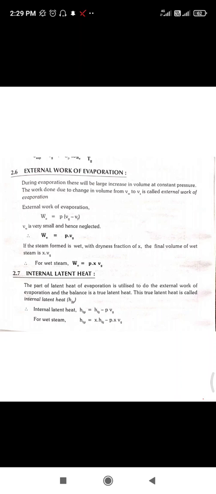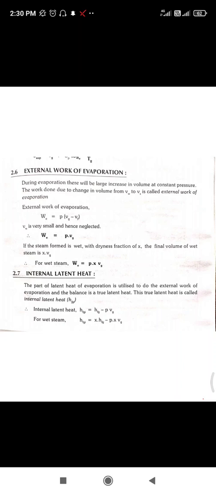If the steam formed is wet with dryness fraction x, then the final volume of wet steam is x into Vg. Therefore, W is equal to P into x into Vg. This is the external work of evaporation.